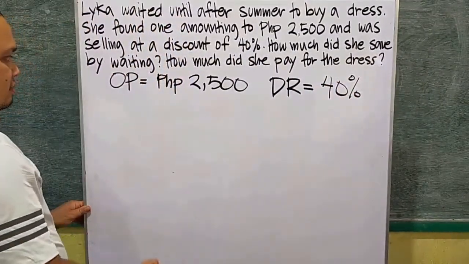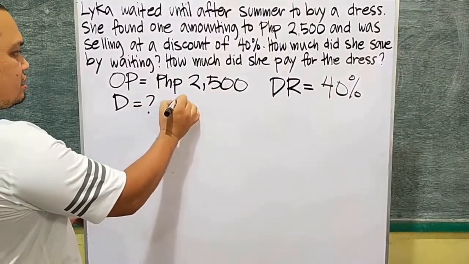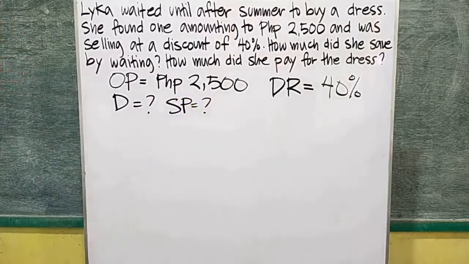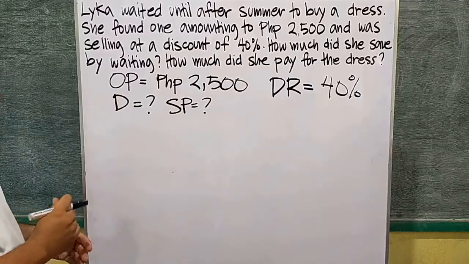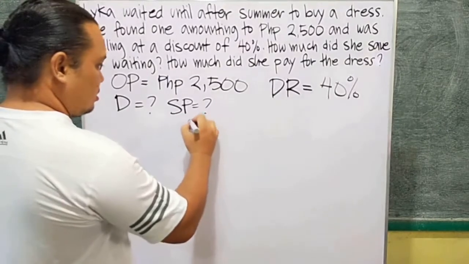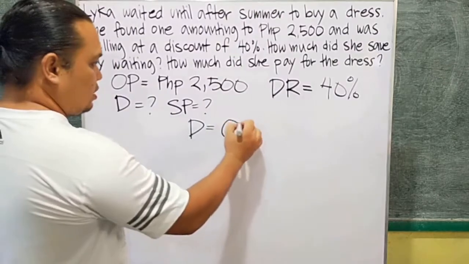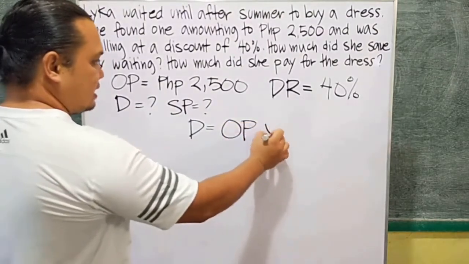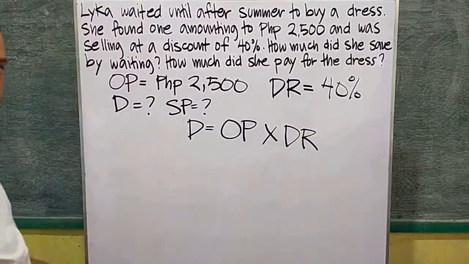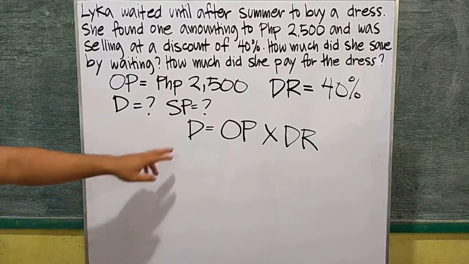So we are looking for the discount and the sale price. Now, to use the formula, discount is equal to OP, or original price, times DR, or the discount rate. That's how we get the discount or D.